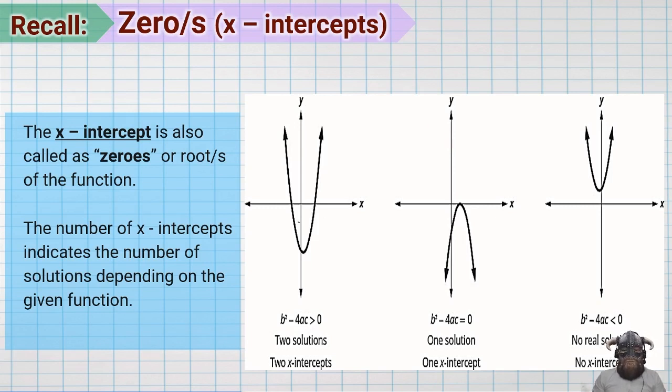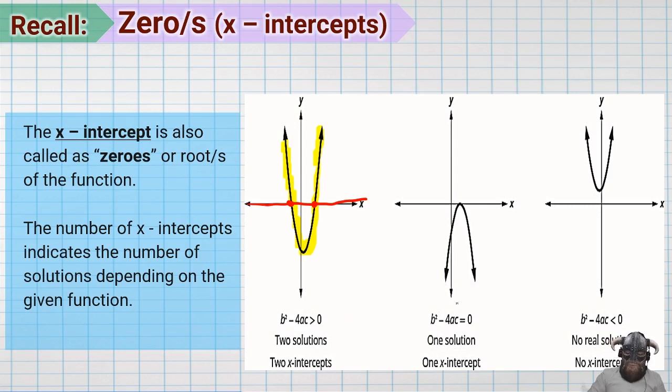If your graph looks like this one, wherein your parabola intersects your x-axis at 2 points, that means you'll be having two zeros or two x-intercepts. That also means that you have two solutions.